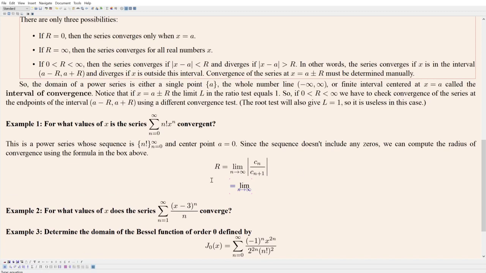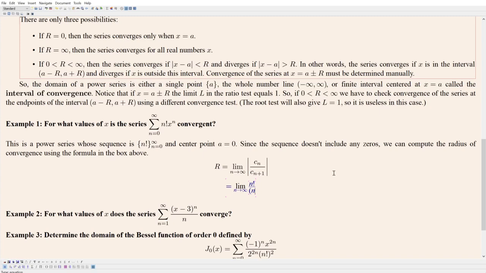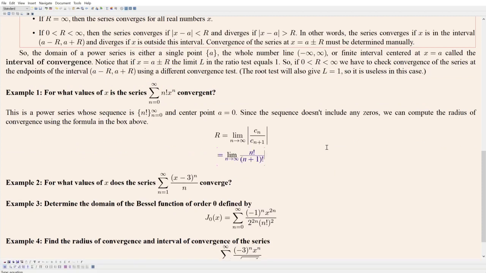So here, these are just factorials. Factorials are always positive, so the absolute value isn't going to do anything for us. Okay, well, let's use our trick with factorials to cancel a bunch of stuff. Because n plus 1 factorial is the same as n plus 1 times n factorial.